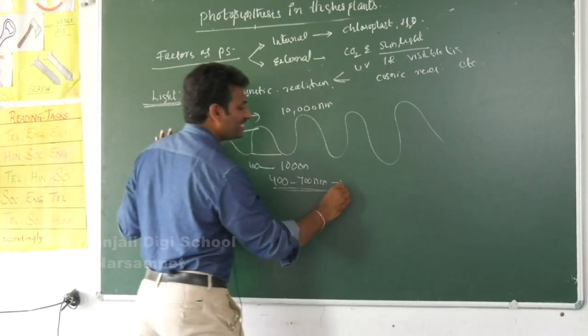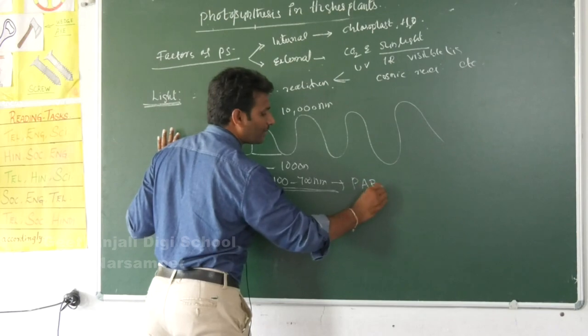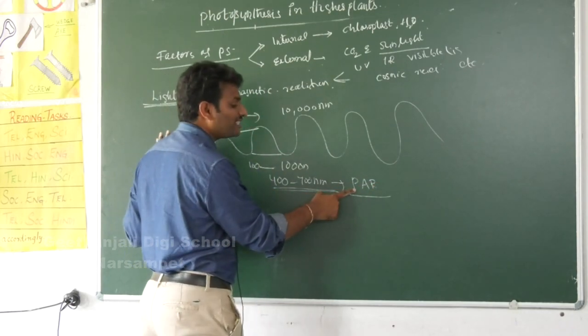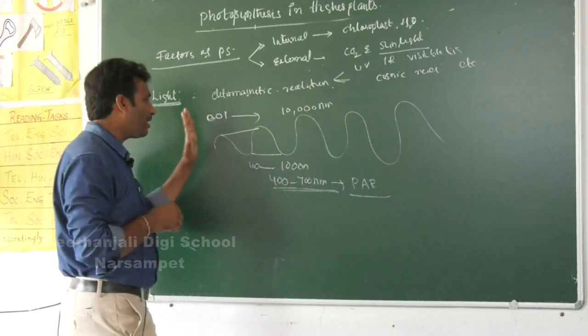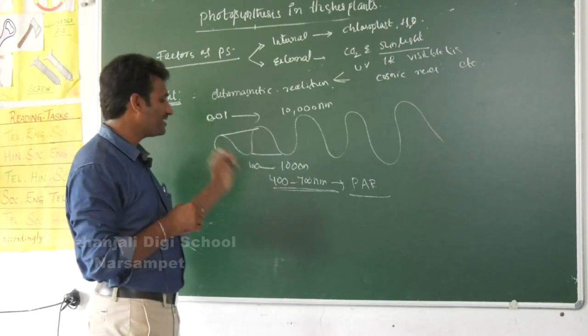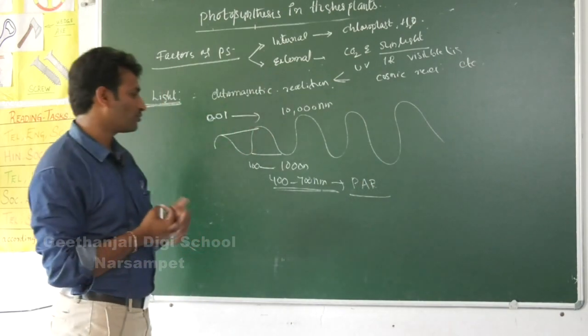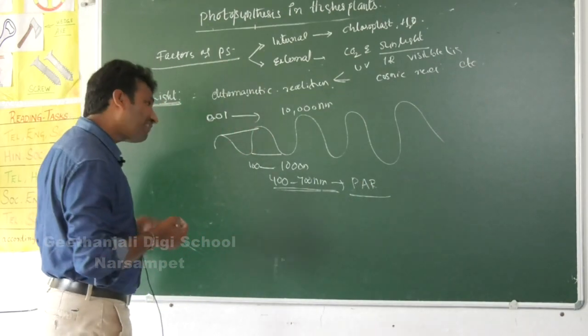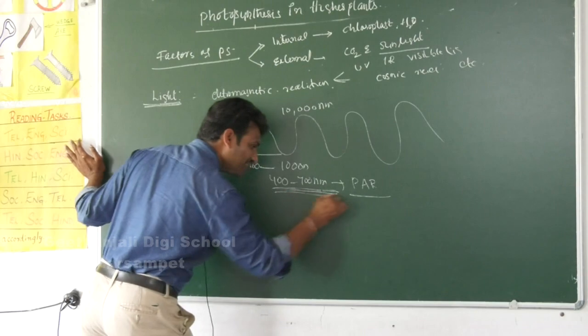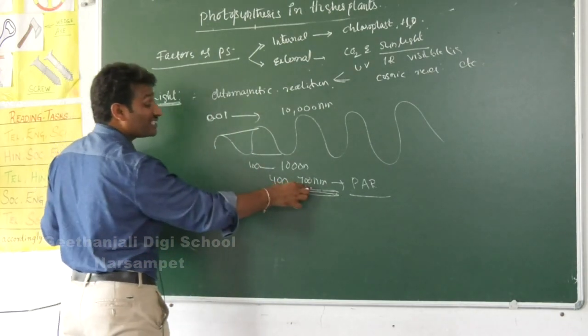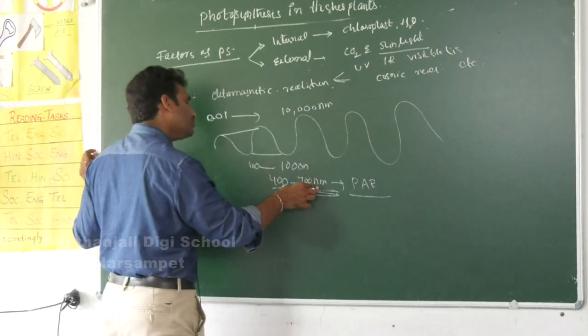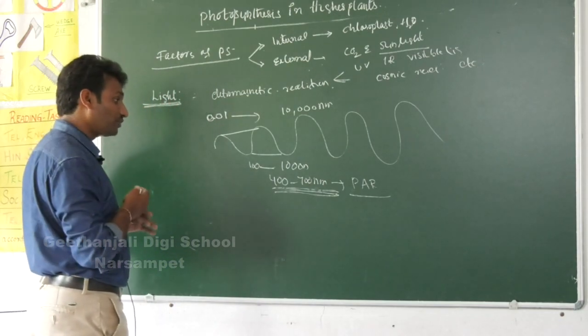This is considered as PAR, which means photosynthetic active radiation. Among these complete nanometers, 400 to 700 nanometers is considered as photosynthetic active radiation. Why? Because only in between these does the process of photosynthesis happen; this light is utilized for the formation of food material.